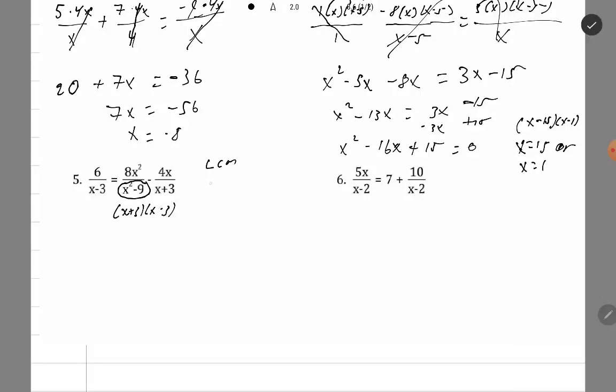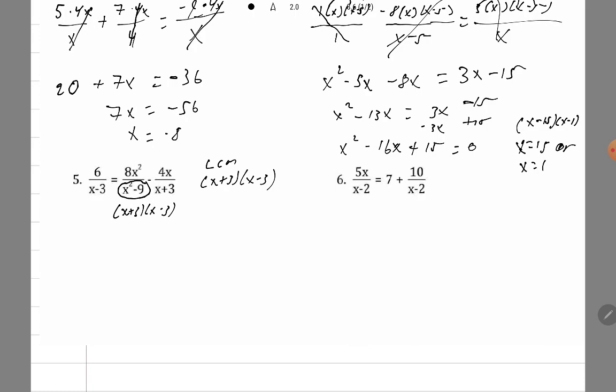So my LCM is actually x plus 3, x minus 3. Because the first fraction is missing x plus 3, the second fraction is not missing anything, and the third fraction is missing x minus 3.